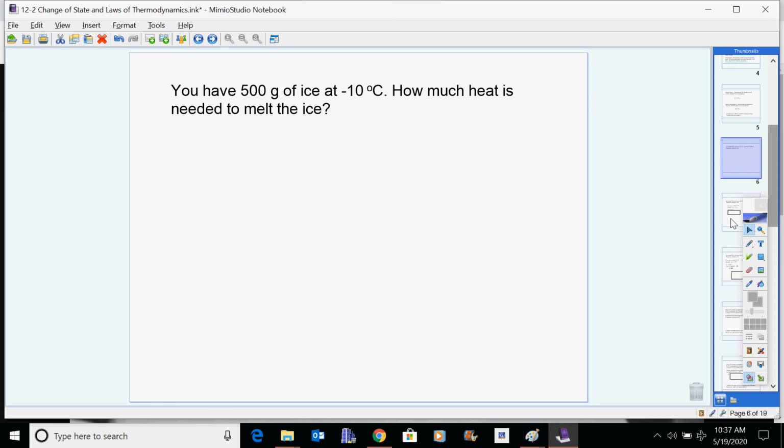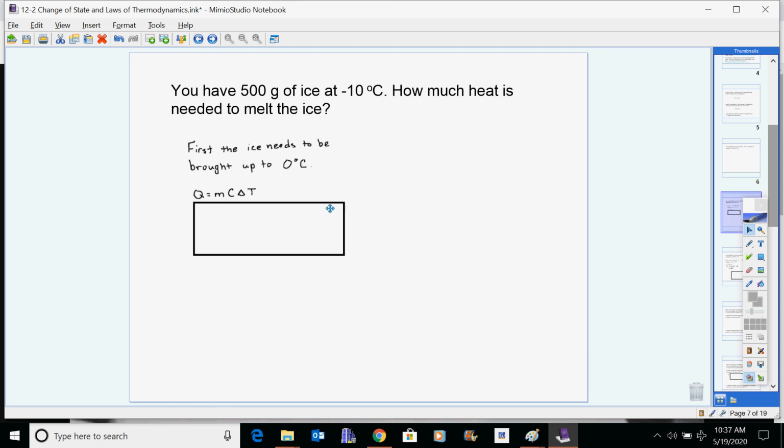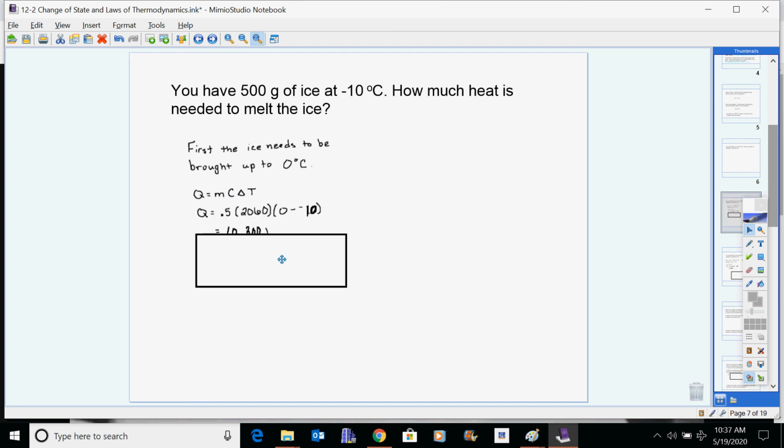It has to heat up to that specific temperature that's needed for melting, the melting point. So we're going to need to put energy into it to get it up to temperature first, MC delta T. So we have our specific heat of ice, and strangely enough, the specific heat of ice is different than the specific heat of water.